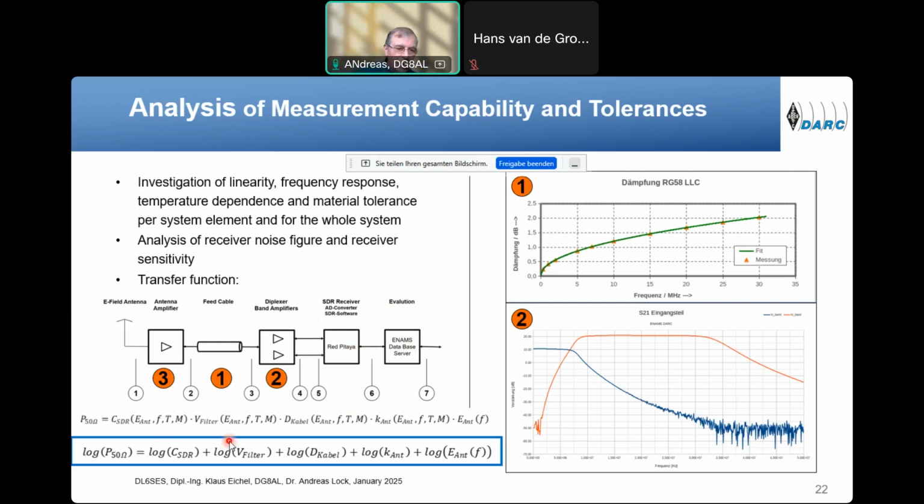And as the system is measuring the logarithm, I put it in here. That's the logarithm of the transfer function which we measure.